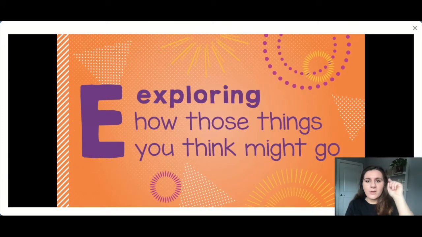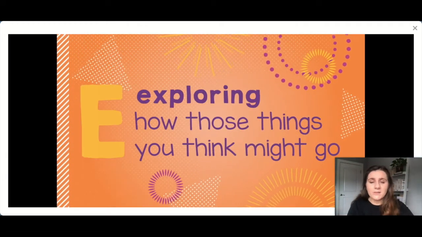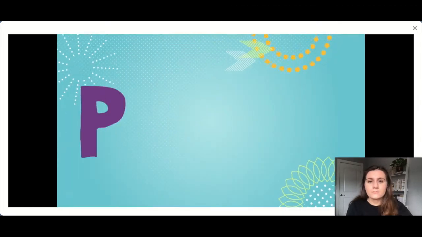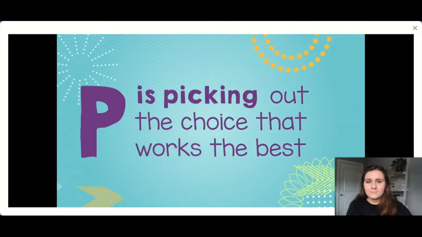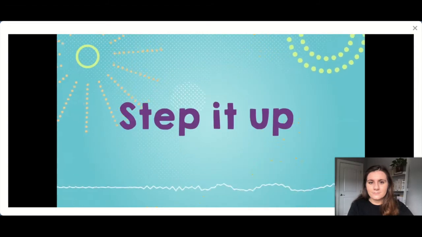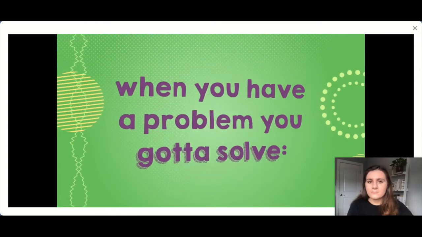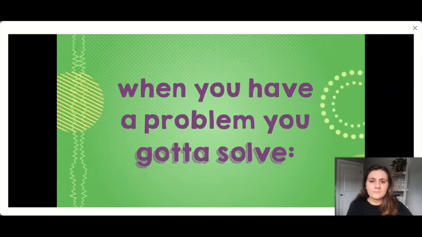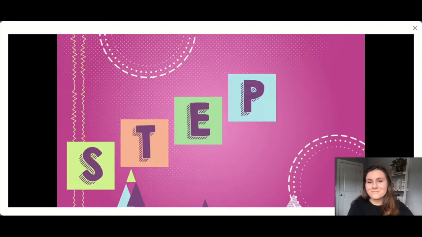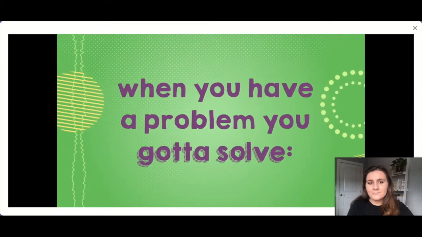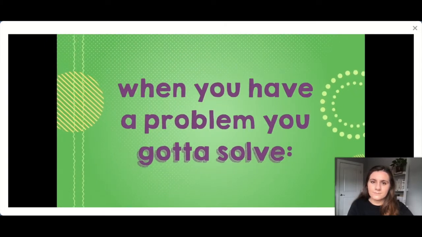E, exploring how those things you think might go. Think it through, blow by blow. P is picking out the choice that works the best. Step it up and you will see you won't be stressed.